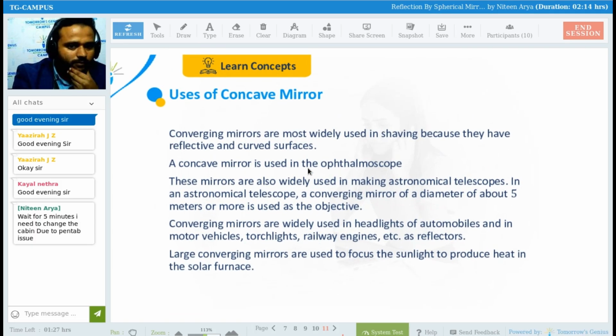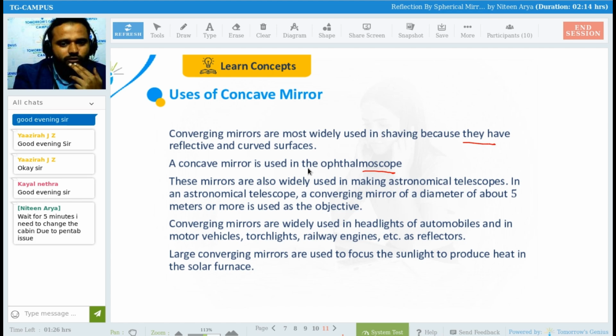Okay, use of concave mirror. Converging mirrors are most widely used in shaving because they have a reflective and curved surface. A concave mirror is used by the ophthalmologist, the eye specialist doctor who does the treatment of your eyes.